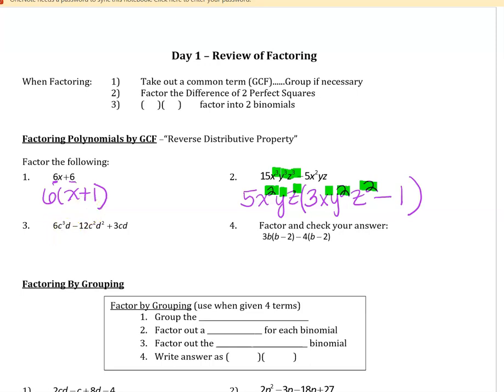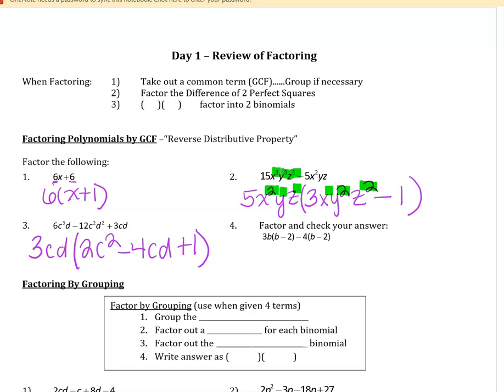Looking at the constants of a 6, 12, and 3, the common factor number-wise would be 3. And then again, I'm taking the lowest powers, so C, D. So I just silently went through and divided each of those by 3CD, or another way of thinking of it is I thought, okay, 3CD times what gave me 6C cubed D back?